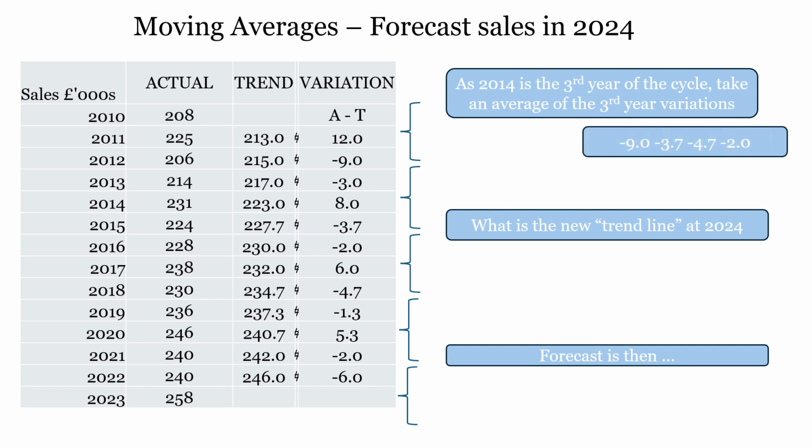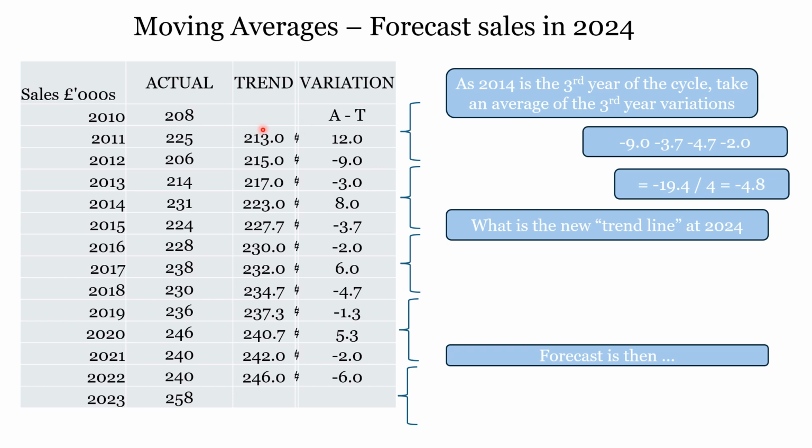So it's minus 9, minus 3.7, minus 4.7, minus 2. And therefore, when you take the average of those, you will get minus 4.8 as the average variation. That is minus 4.8, the average variation in the 3rd year of the cycle.